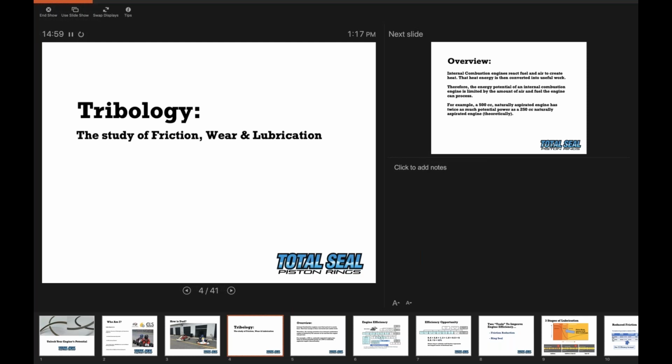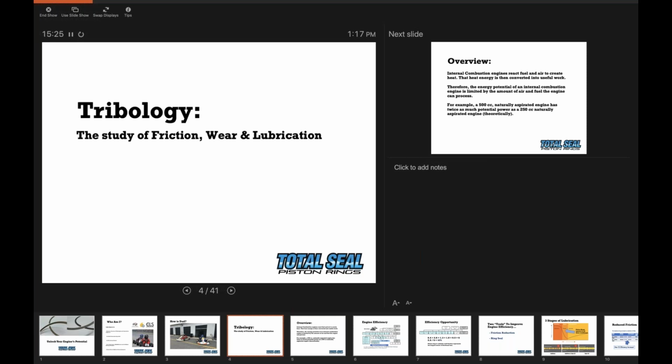So tribology is that study of friction, wear, and lubrication. So the lubrication is part of it, but there's more to tribology than just oil. It's also about wear and friction. And that's really where getting to work for Total Seal is fantastic, because piston rings happen to be a major contributor to all of those things.